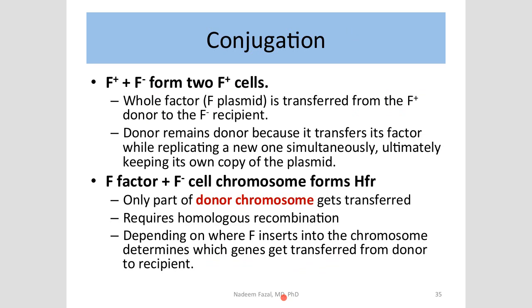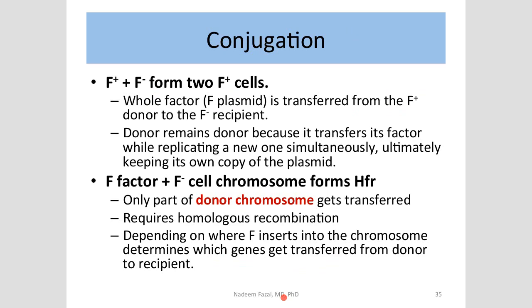Okay. Now, if the whole F factor is transferred from the F positive to the recipient, that's what normally happens. Or what may happen is that it just keeps a copy for itself and passes one on. So there are two things that may happen. This F positive bacterium can either give everything away, or it can copy it, keep one, and pass the other on.